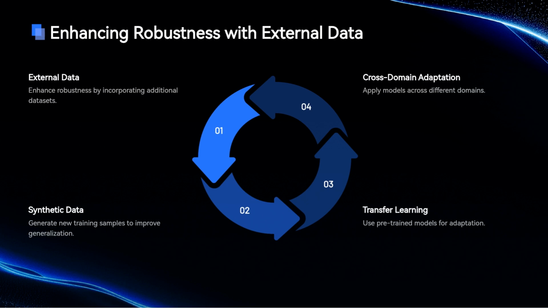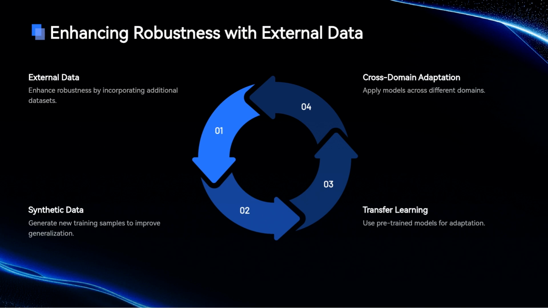Incorporating external data sources can help improve robustness, especially when real-world data is insufficient or unreliable. External data. This can include domain-specific data sets that provide additional context or data diversity, improving model generalization. Synthetic data. When real data is scarce, generating synthetic data can help augment the training process and expose the model to various scenarios.